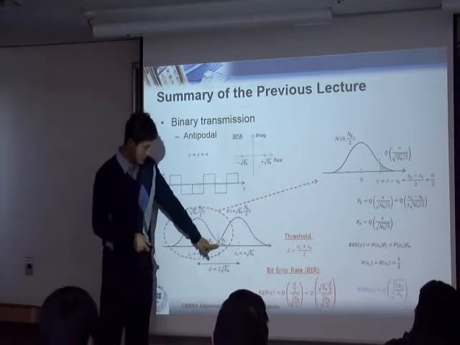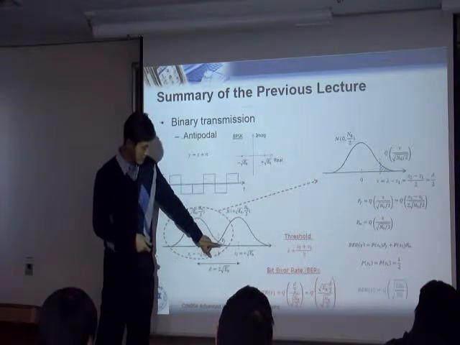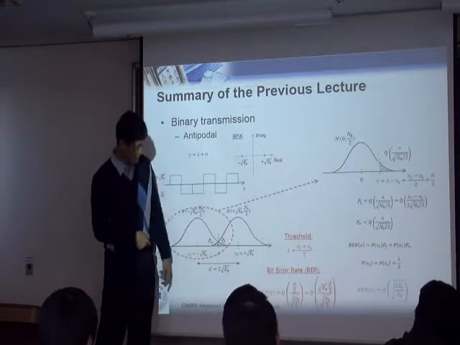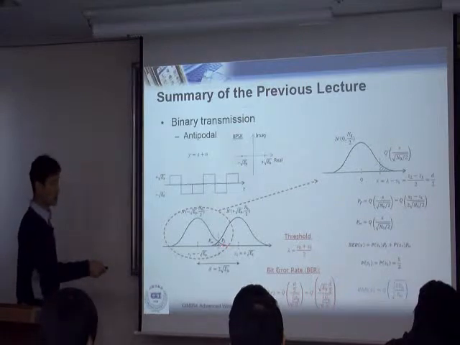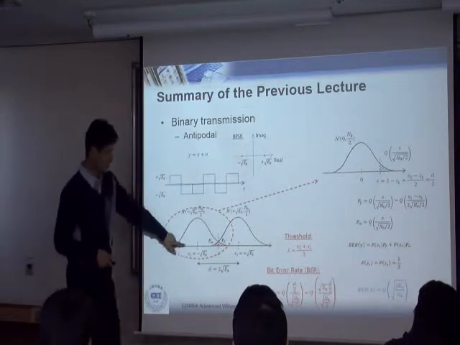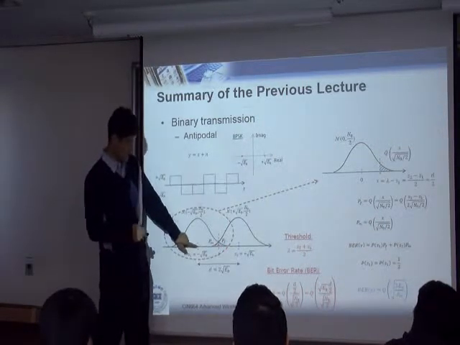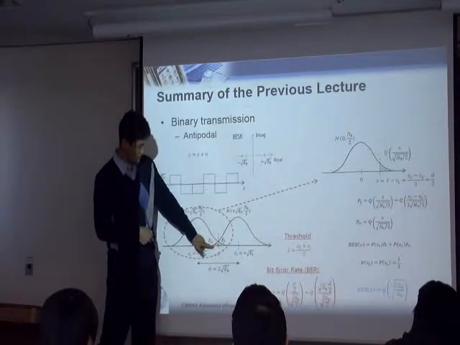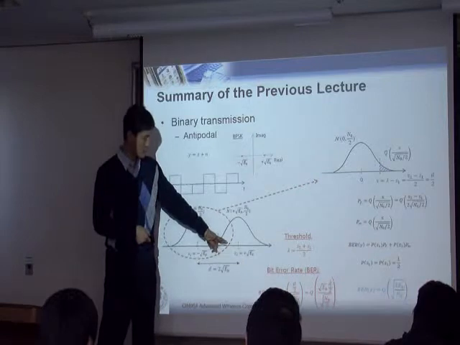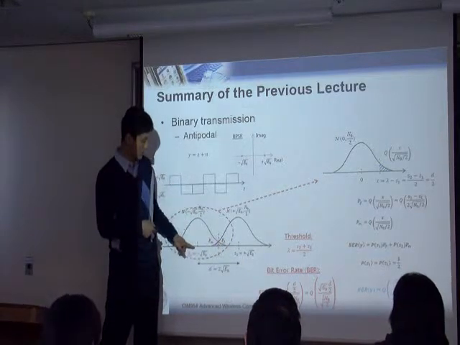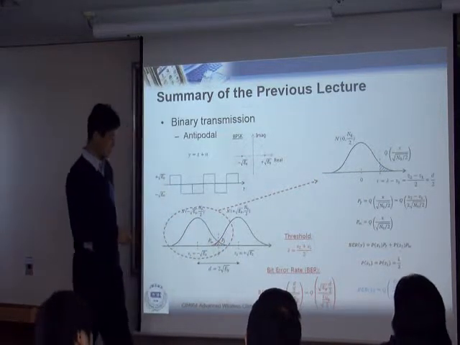So therefore, here the blue shaded region and also the red shaded region, these two regions are errors. Okay, error cases. Blue one is the error when you transmit S1. Okay, and the red region is the error case when you transmit S2, but that is erroneously received as S1. Okay, so these two.